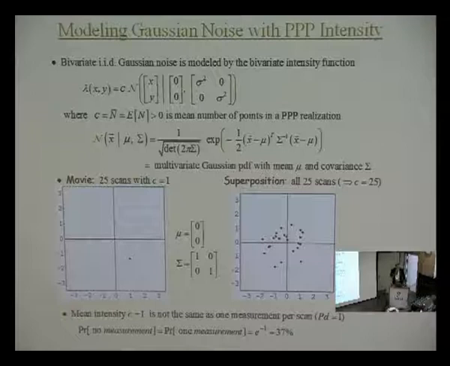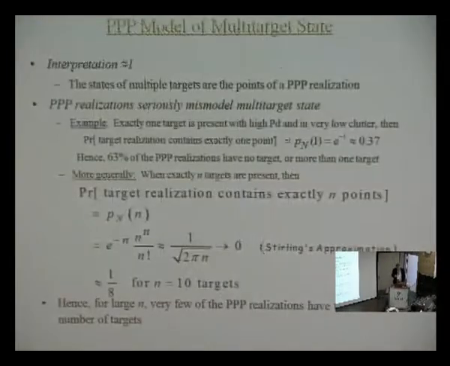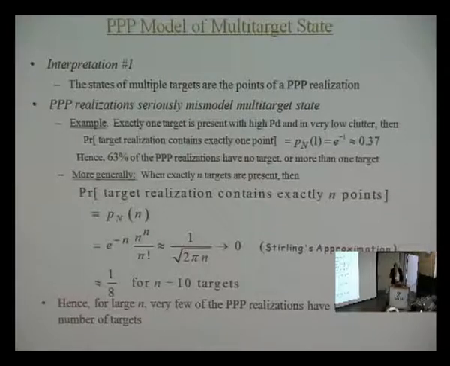There is, however, a saving grace. The points of the realization are not the states of the target. I don't think that's the right interpretation. The right interpretation is that it is the ensemble average of the rate at which you will get a target in a particular point in space. That's one of the reasons that I showed this.